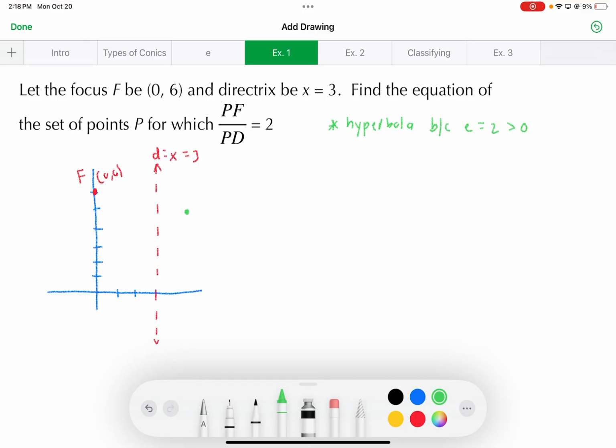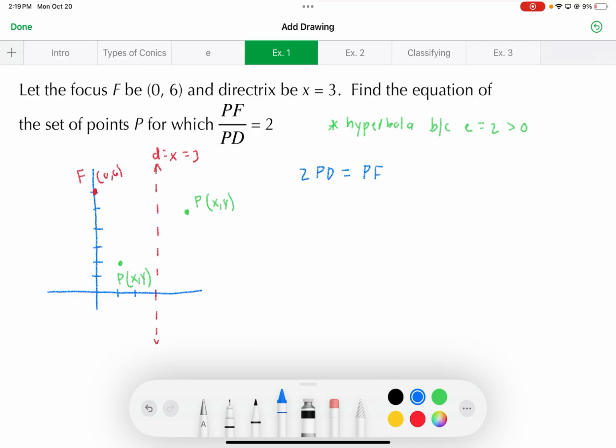Well, P could be here, but also maybe it could be over on the other side of the directrix. So I'm going to have to make this work for all situations. So if PF over PD equals 2, that's no different than saying 2 times PD equals PF, right?